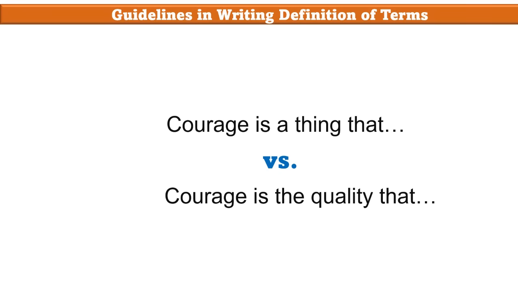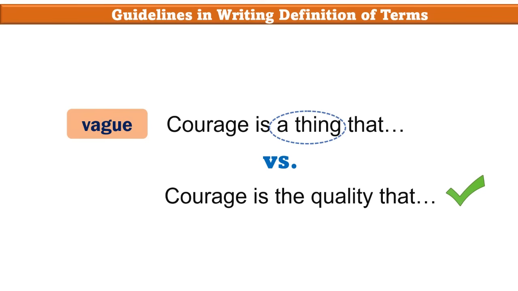Now, between these two definitions, which one is better? Courage is a thing that, or courage is the quality that? The answer is the second one. Why? The first definition is vague. Bakit naging vague?